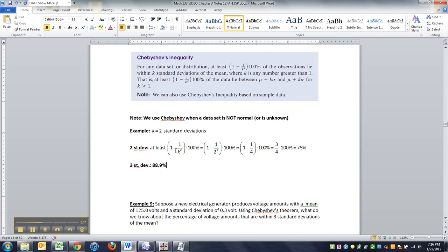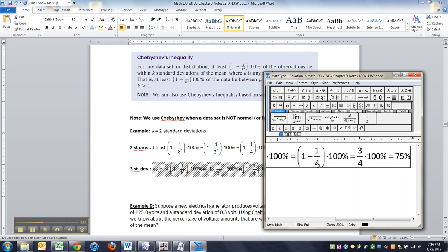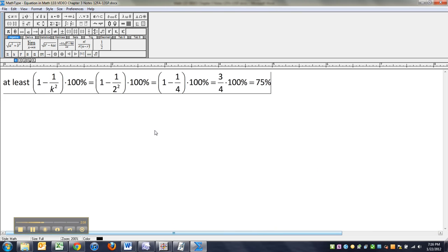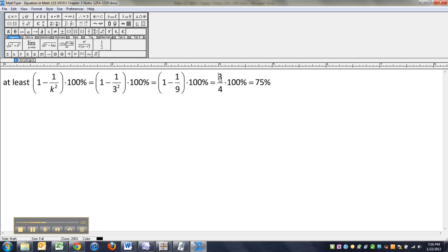Okay? So here, I'll do the same thing if you don't believe me. So it'd be 3 squared, which would be 9, which makes 8/9, which is 88.9%, roughly.